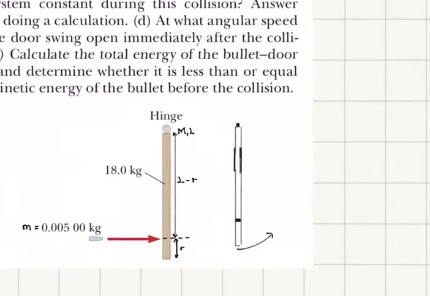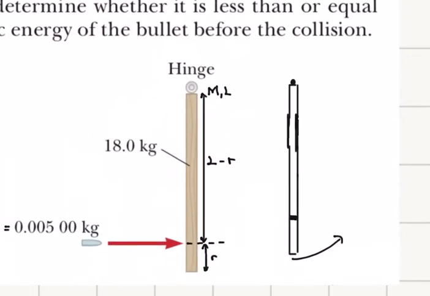Now, the first question is, does this bullet have angular momentum before it hits the door? Here is the point, the axis of rotation with respect to which I'm going to calculate angular momentum. I can find the position of the bullet just before it hits the door. So let's say it will be here.